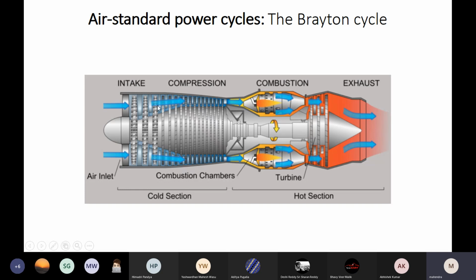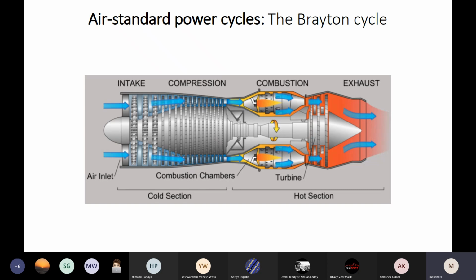If you observe over here, this area is a narrow passage, so its pressure is increasing. Simultaneously, the temperature is also increasing.